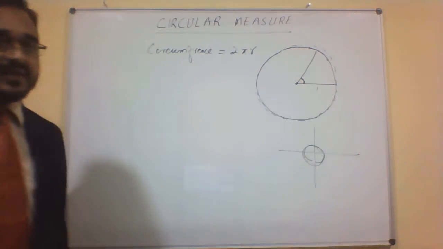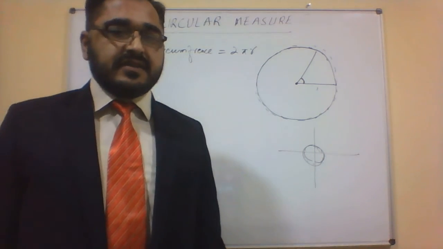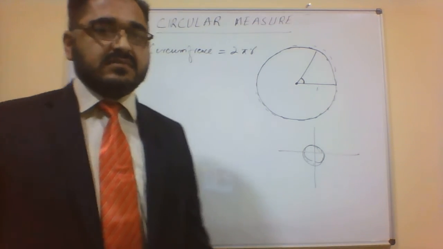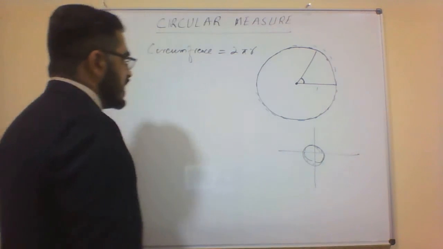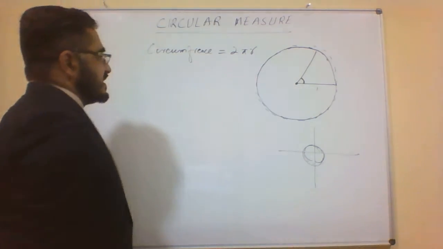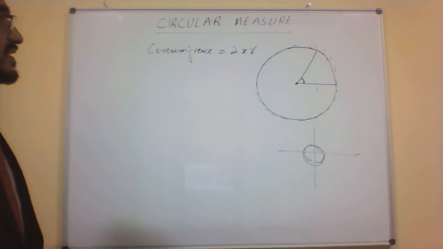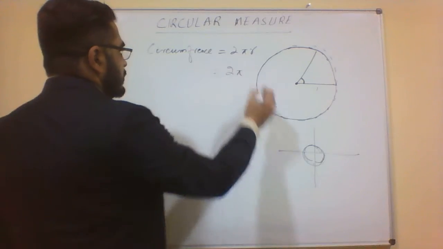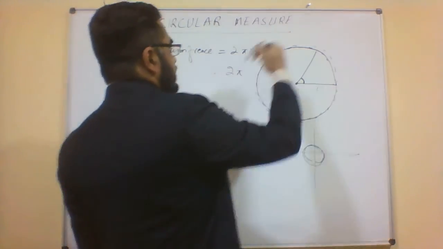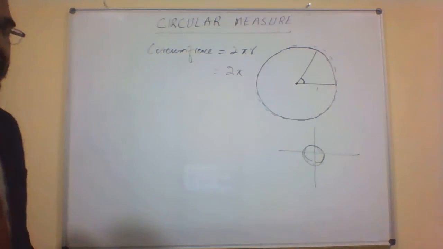Unit circle means it has radius 1 meter, centimeter, unit, whatever you can use. If this circle is with unit radius, then this complete revolution in radian will be 2 pi.